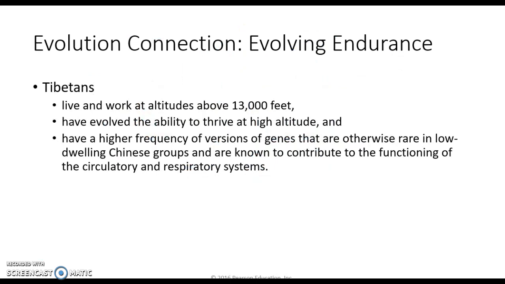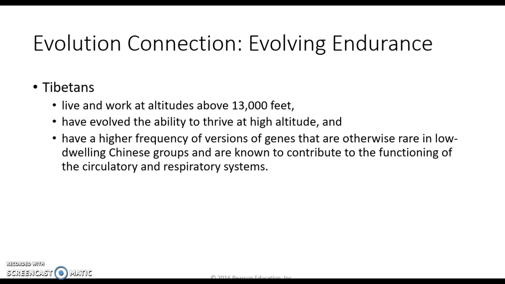And a cool little thing in your book, it talks about people that are native to Tibet and live at high altitudes. Athletes will also sometimes go to train at higher altitudes, because your body is actually being exposed to 40% less oxygen than you are at sea level. So it is harder for your body to get oxygen at that high level.